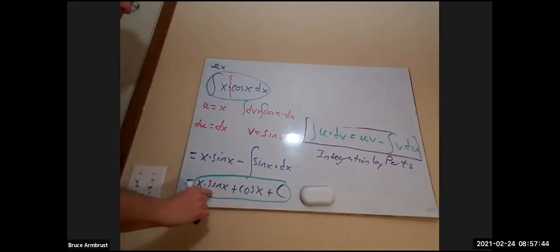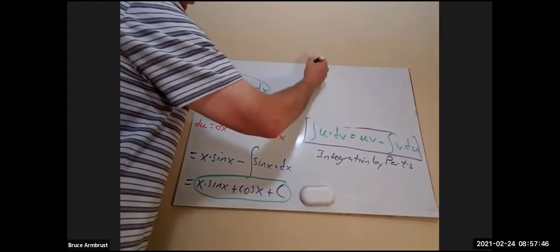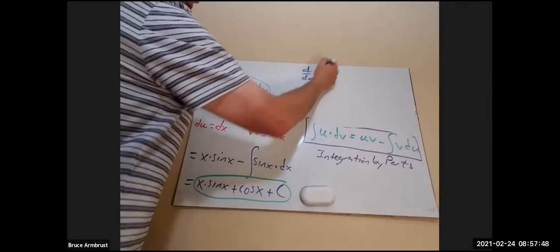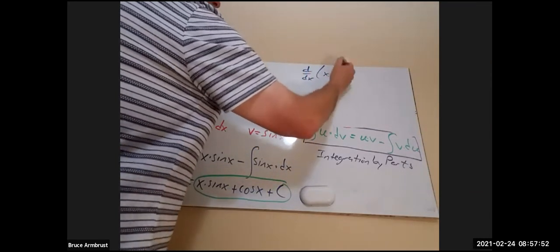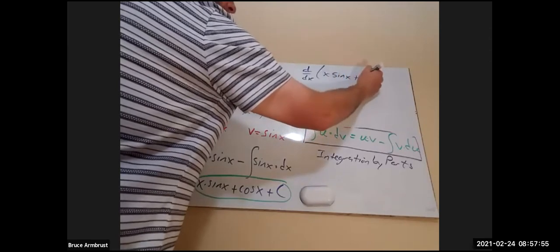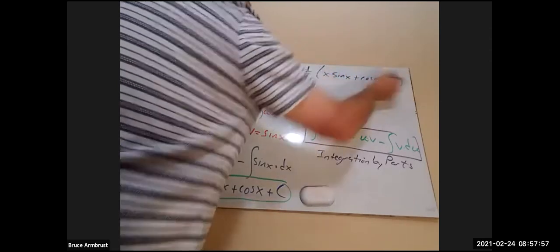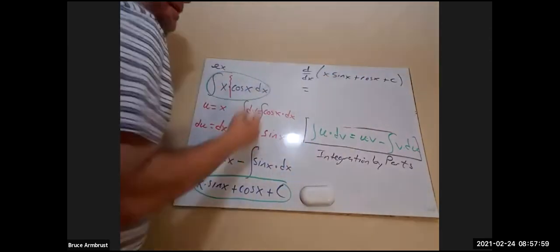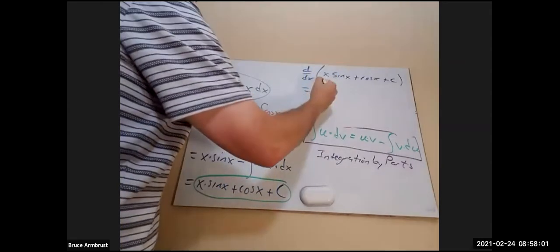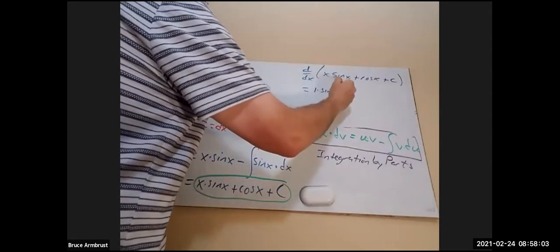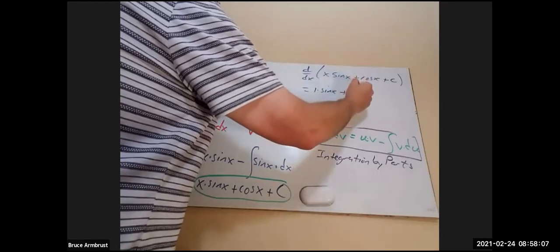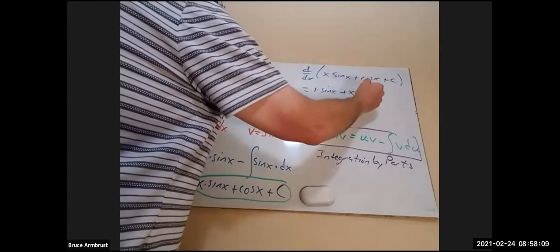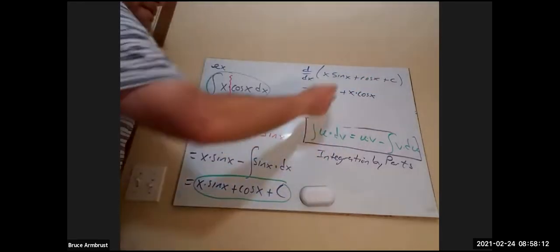Let's differentiate x sine x plus cosine of x plus c. All right, so we got x sine x plus cosine of x plus c. For the first part, we need product rule. The derivative of x is 1, so we get 1 times sine, plus x times the derivative of sine, which is cosine.